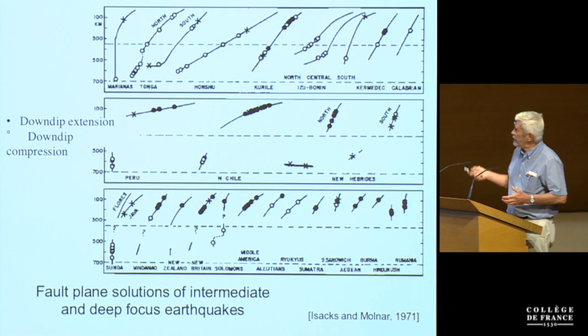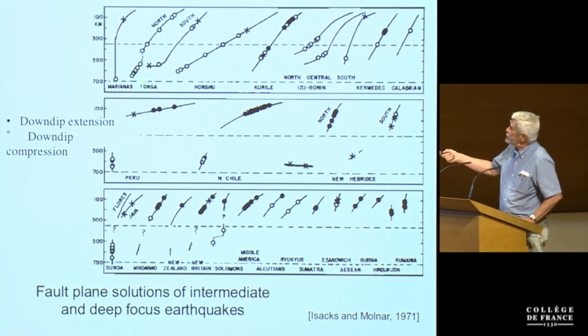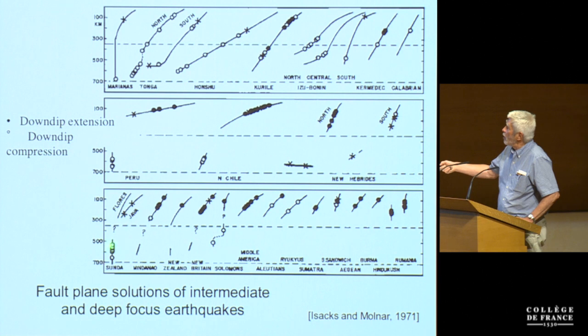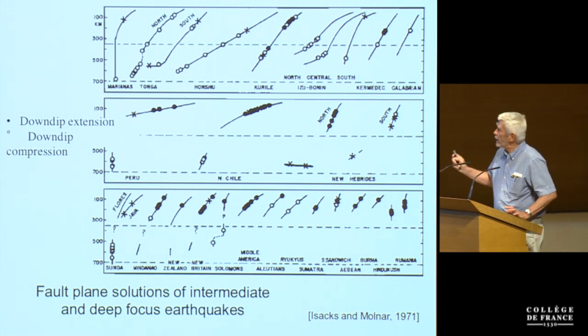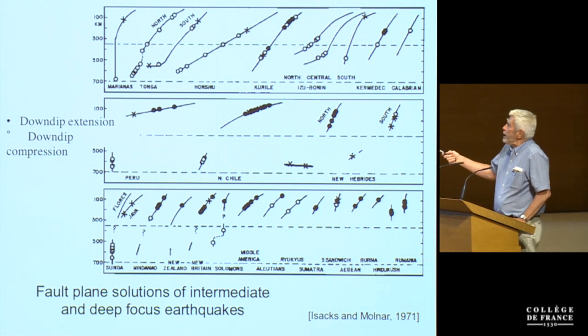In a summary of data, sorry, this is flipped to be opposite, but always down dip compression for the deepest earthquakes in all places, with an exception or two that I will not talk about. The down dip compression in many places, such as under Japan, Honshu, Tonga, Marianas, is continuous all the way to the surface.